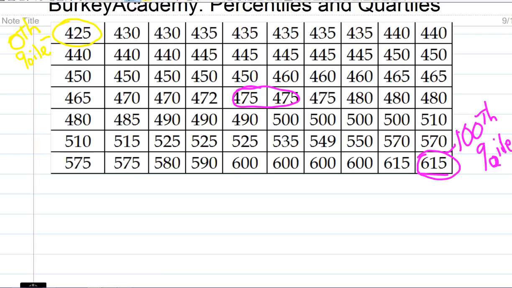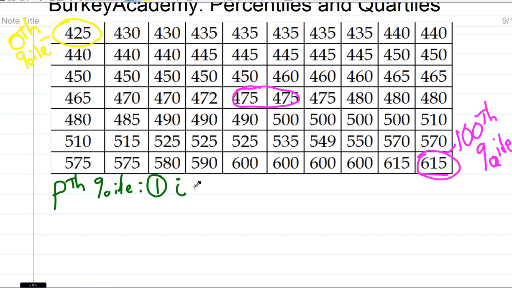Here are the steps to find any percentile. And for any, let's use the term P percentile, or the Pth percentile, where P could be 0, 100, 50, or 30. So P is any percentile. How do you find that? Well, the first step, step 1, we're going to calculate I. I is an index number.